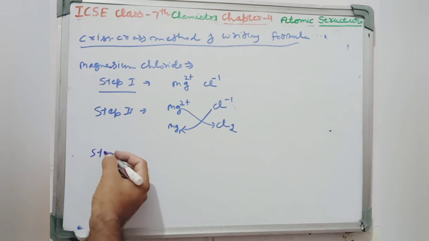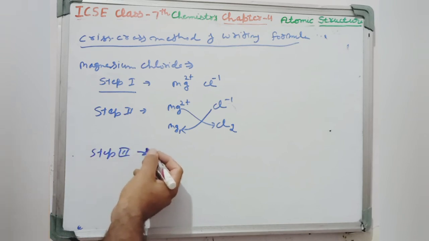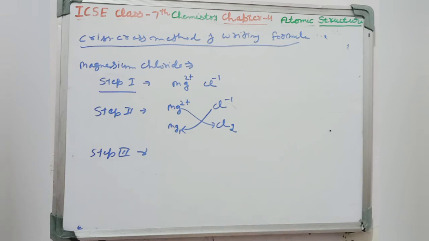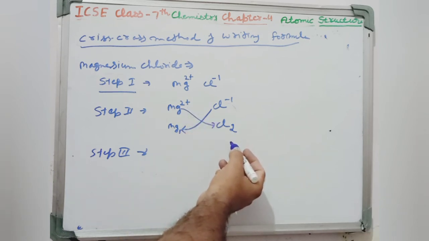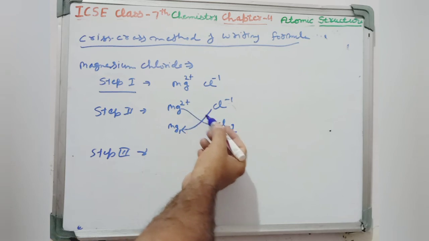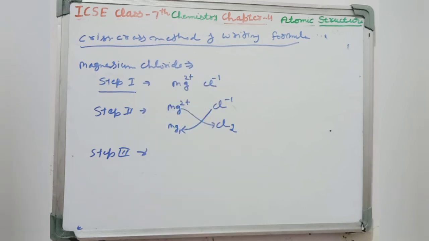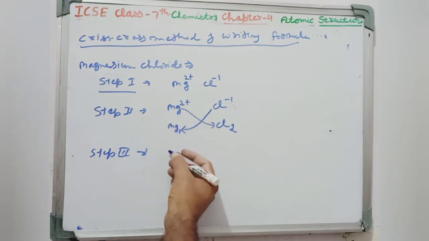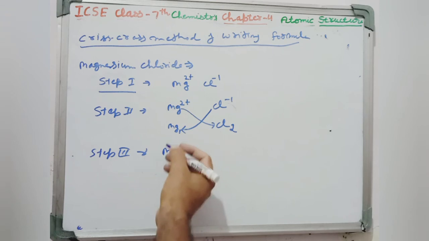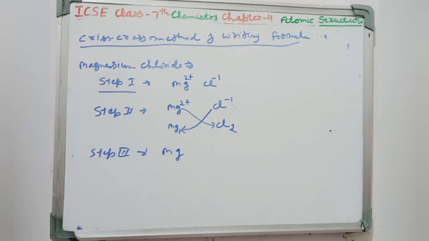Right, step 2 is done. Step 3 is of combination. If you understand this, it is easy for you. Now Mg2+, Cl-.